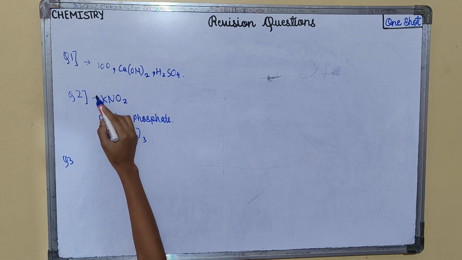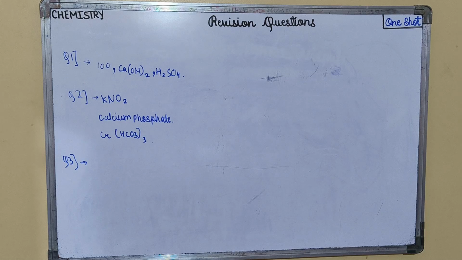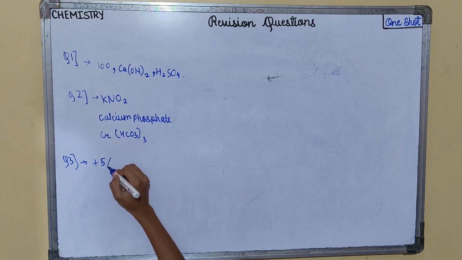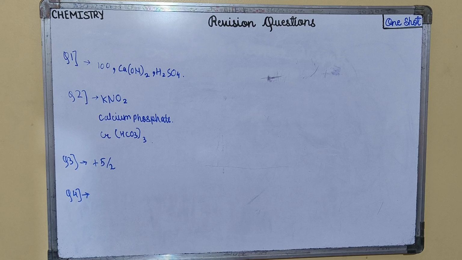Question 3 is find the oxidation number of sulfur in Na2S4O6. So the oxidation number will be plus 5/2. Question 4 is the decreasing order of the size of ions is.